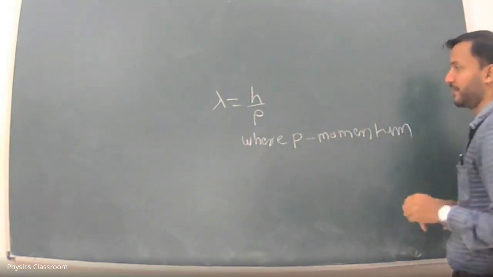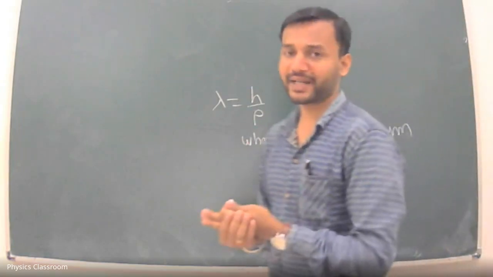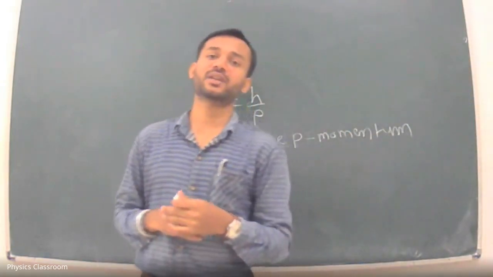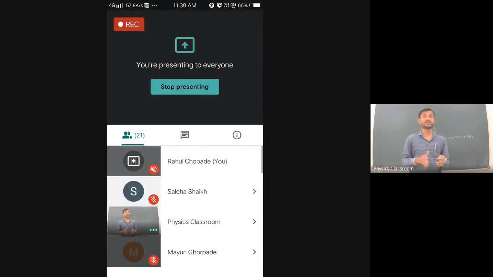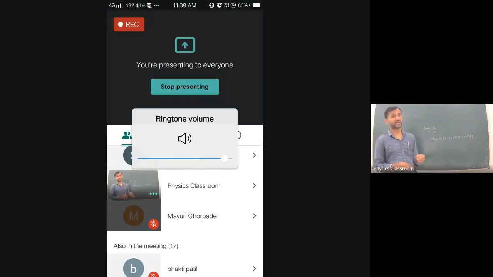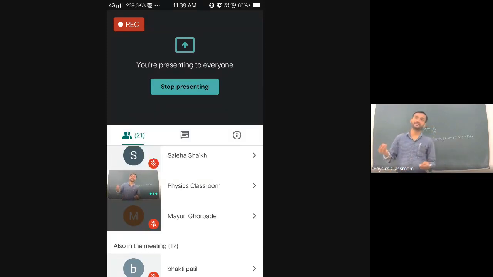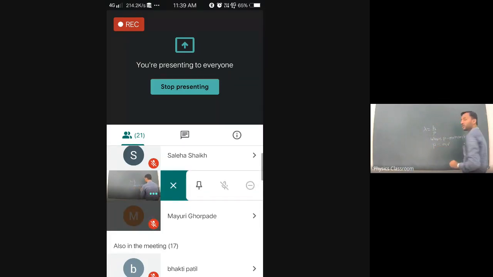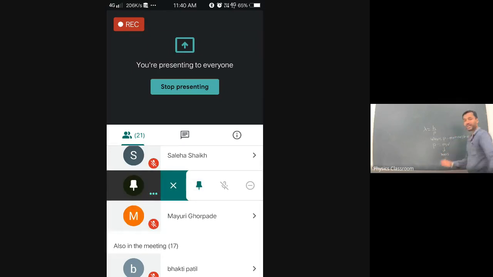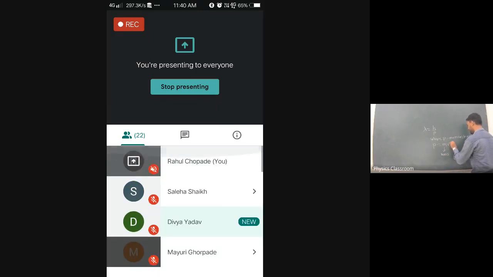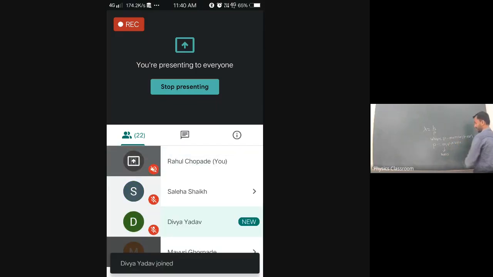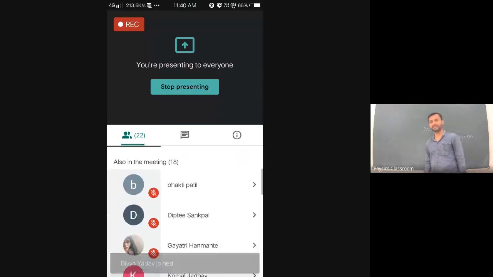For moving particles, the particle has some velocity and also some mass. Due to that, p is equal to m into v, where m is the mass of the constituent particle and v is the velocity of that particle.